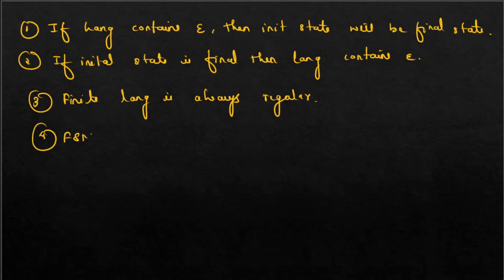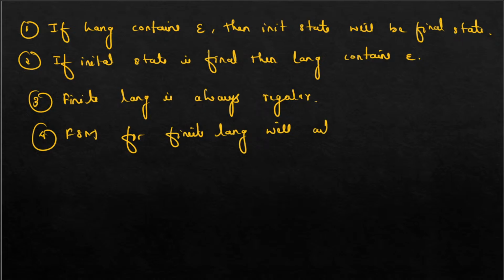Finite state machine, or let's say finite automata, FA. FA is finite automata, and FSM, finite state machine, is the same. For a finite language, it will always have a trap state or dead state, anything you can say.